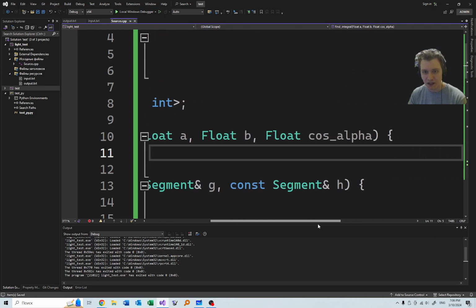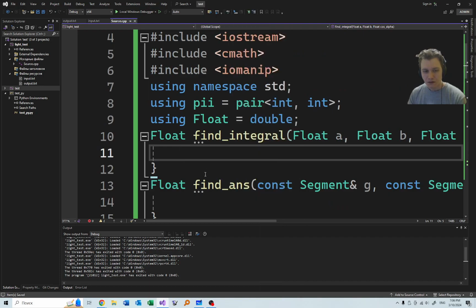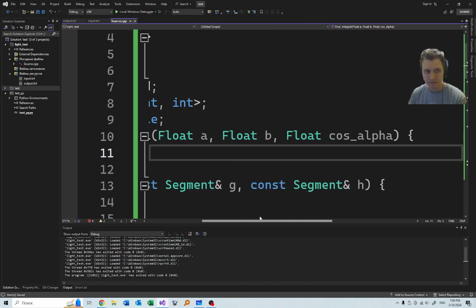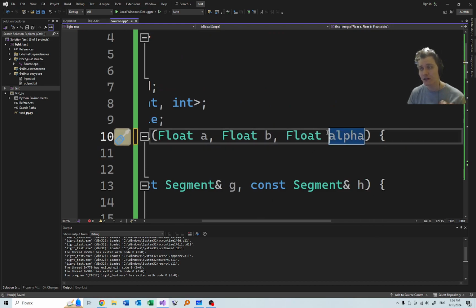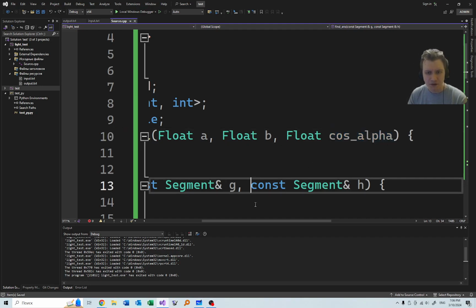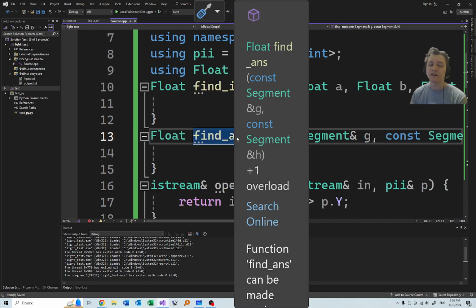Find the integral given a, b, and cosine alpha. Or maybe even just alpha, I think. I think it's fine to just take alpha, or not. I don't know. Okay, let's now find answer.